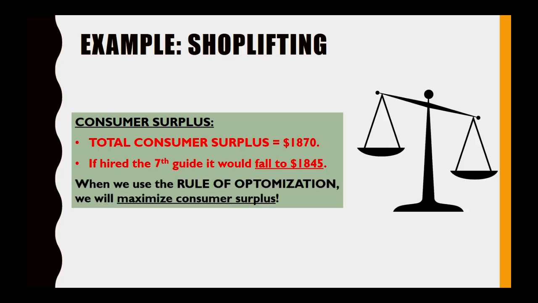So what this tells us is that the rule of optimality will maximize our consumer surplus. The rule of optimality is really just an organized way to make sure that we maximize our consumer surplus. If we're not maximizing our consumer surplus, then we are not making the optimal decisions.